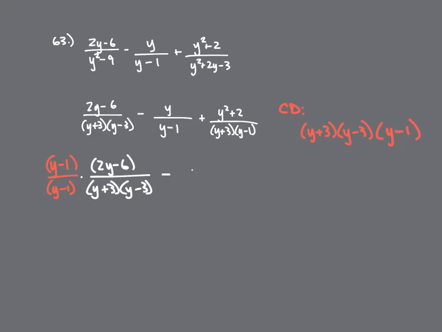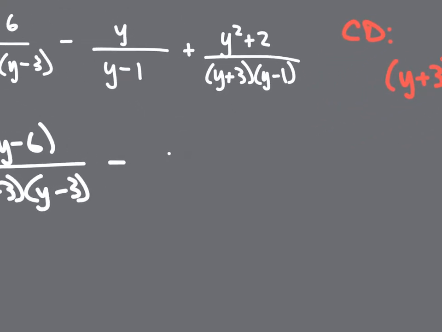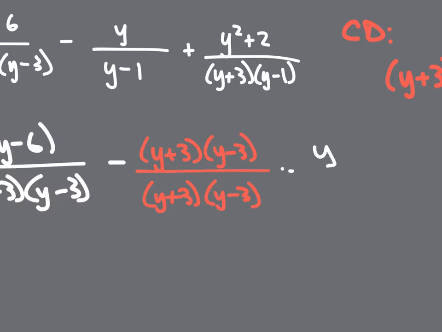So I want to multiply that up here, all right? So I'm going to multiply through and do (y plus 3) times (y minus 3) over itself, (y plus 3) times (y minus 3), and then multiply that by y over (y minus 1), okay?